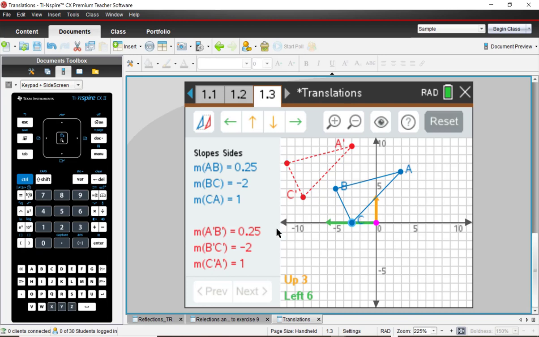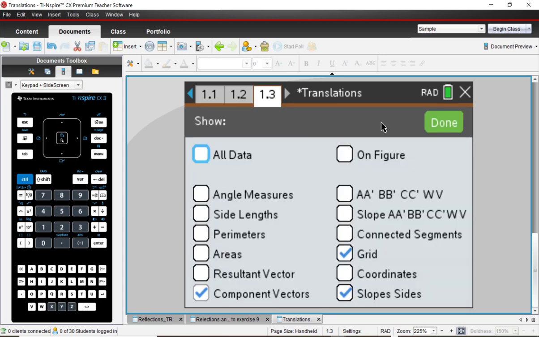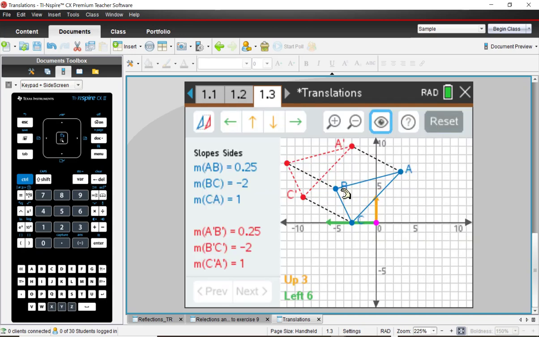Let's just do one more investigation here. I'm going to go onto the menu, click the I there, and I'm going to click on Connected Segments, and then Done. Get that 3D look here. But what seems to be true about the segments AA prime, BB prime, and CC prime? What seems to be true about those segments? What do you expect to be true then about their slopes?